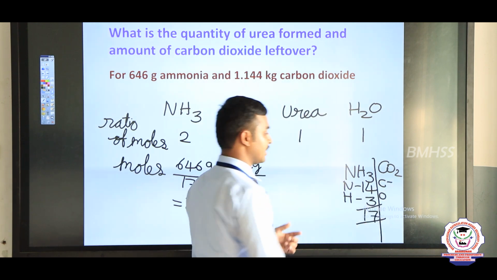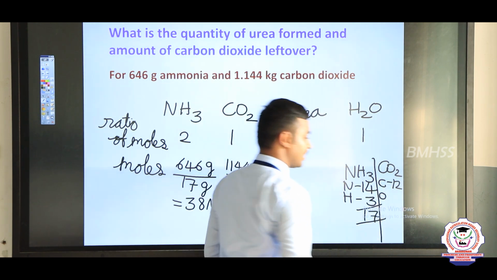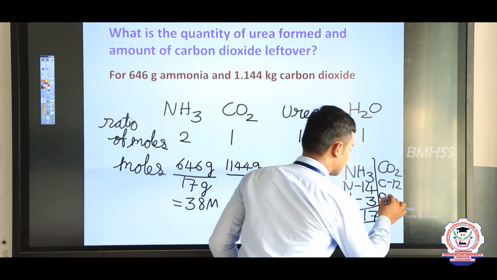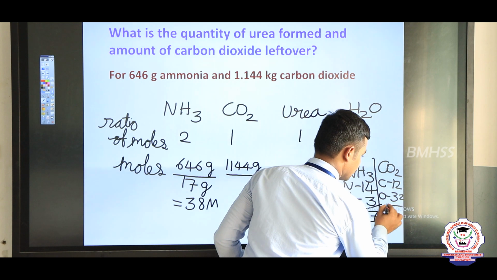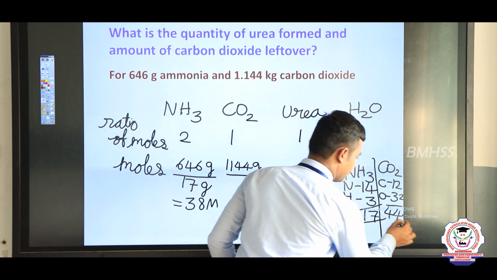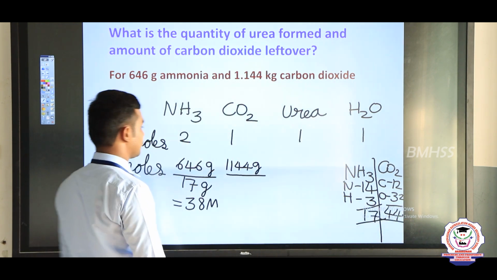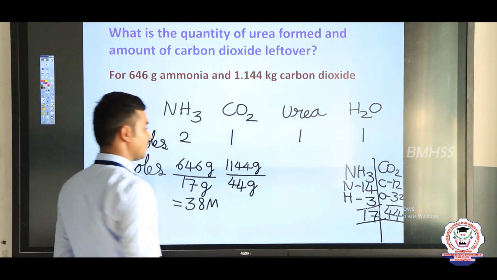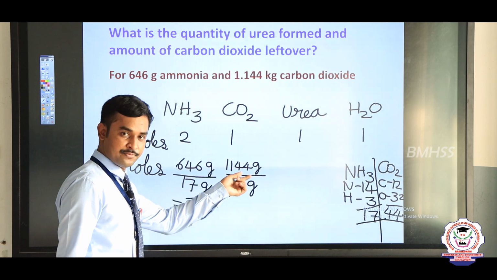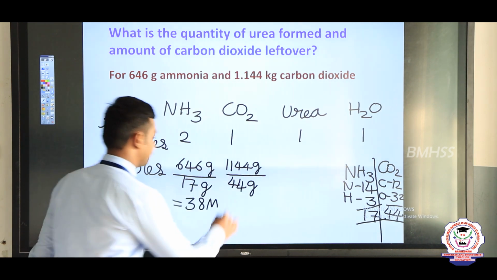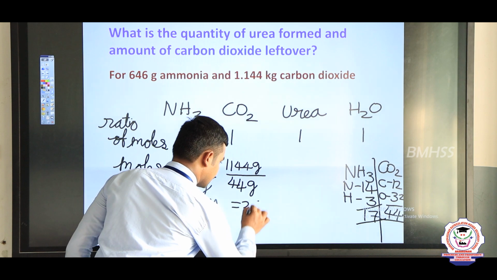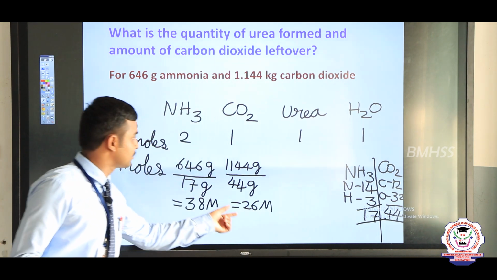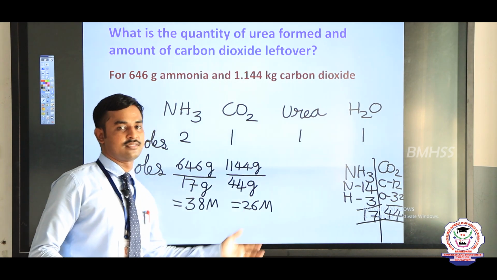The weight of carbon is 12, the weight of oxygen is 16, but we have 2 oxygens, so the weight is 32. So, the total weight will be 44 grams. When 1144 is divided by 44, we get the answer 26. So overall 26 moles of carbon dioxide are taken in this reaction.